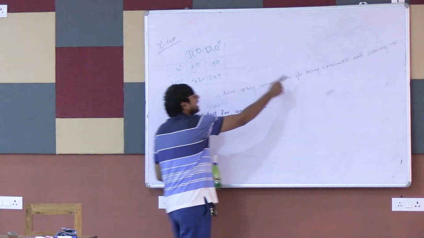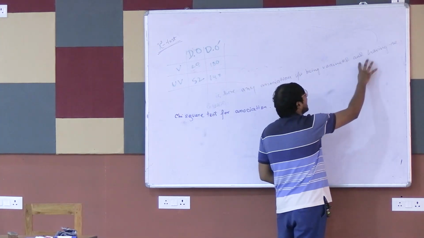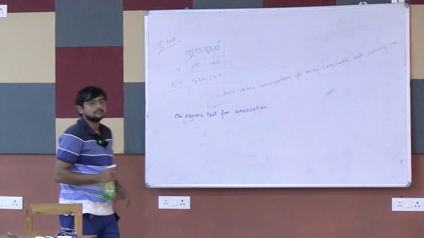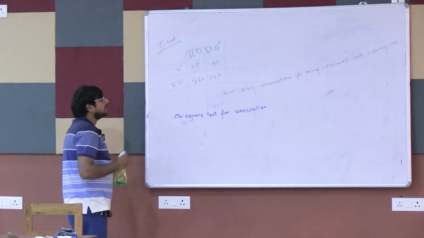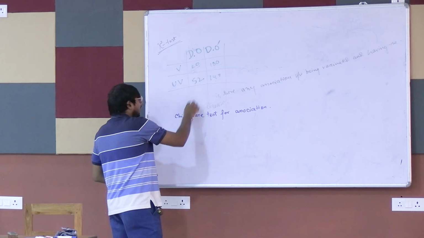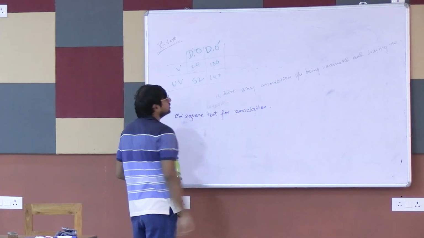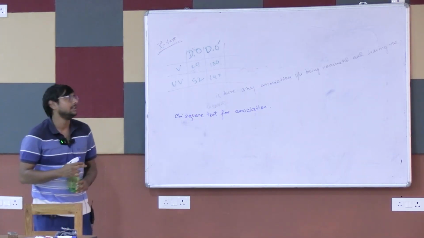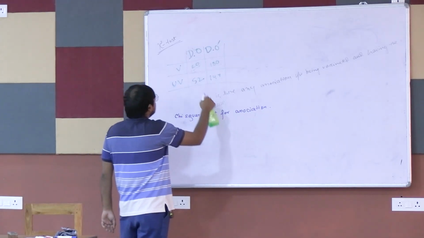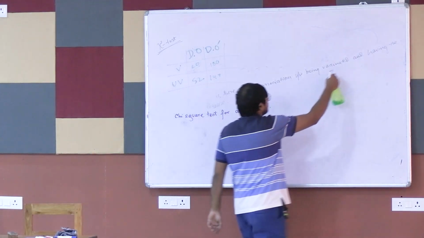Is there any association between being vaccinated and having the disease? It can be also framed like this: are the vaccinated people more prone to the disease or less prone to the disease? It can be framed like that also. So I am removing it because we are going to solve it the way I told you.